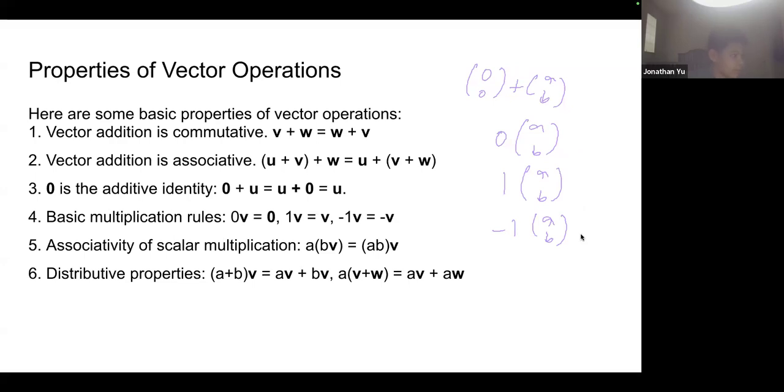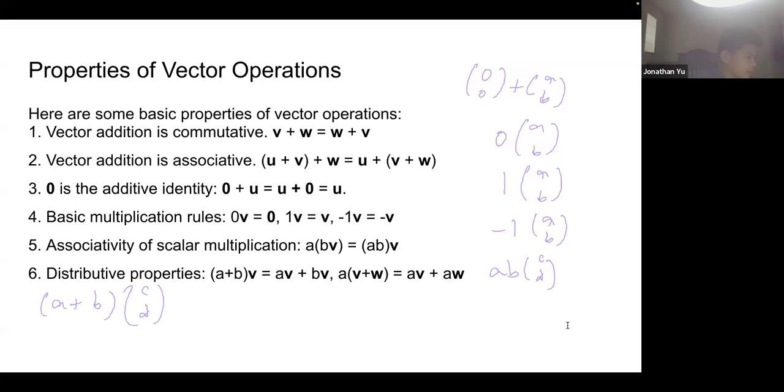Associativity of scalar multiplication also comes from associativity of multiplication, because multiplying B by C and then by A is the same as multiplying AB by C. And for the distributive property, it's still pretty similar.